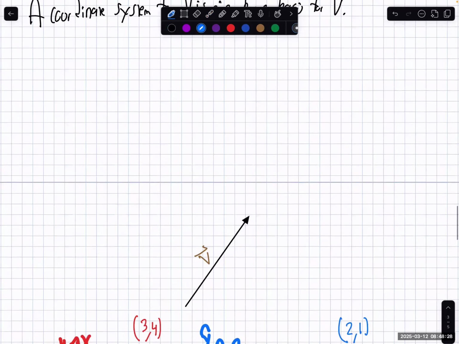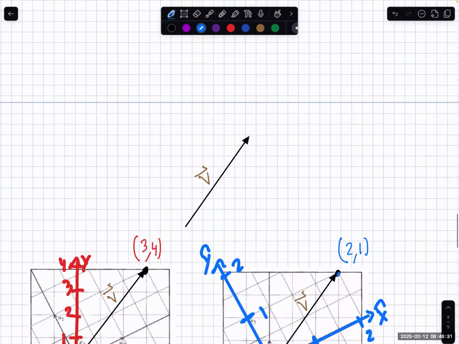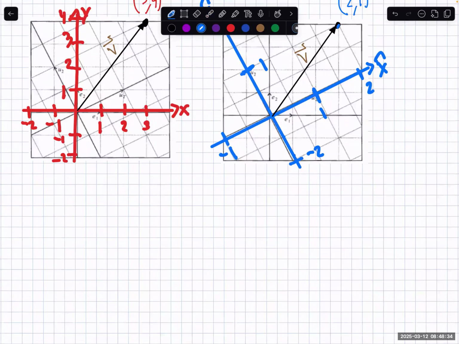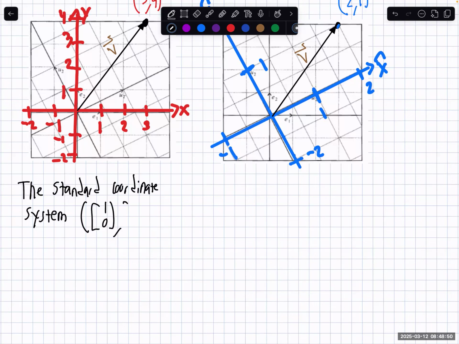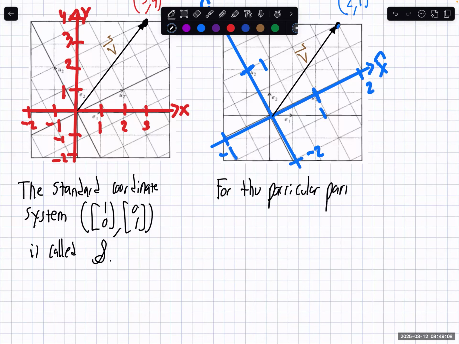Okay, so we give names to these. The standard coordinate system, 1, 0, 0, 1, is called S, for this particular part of the lecture.